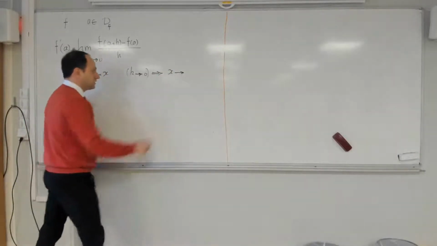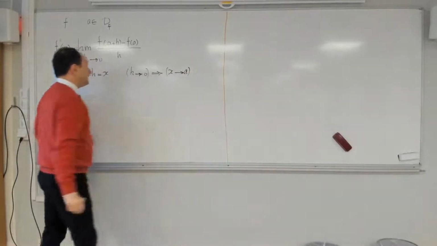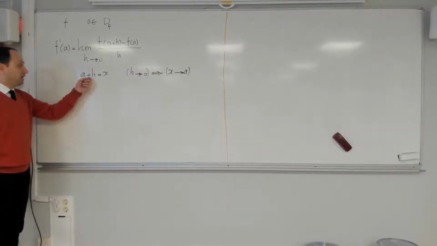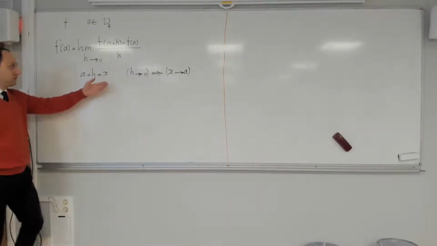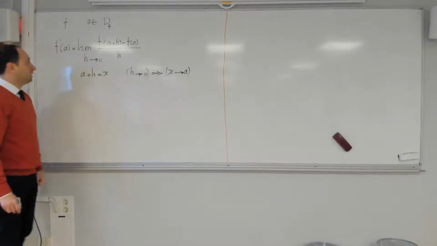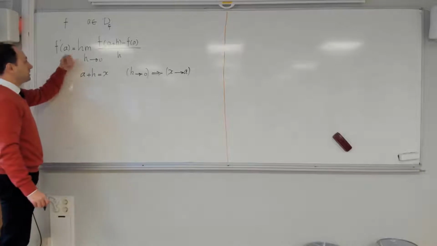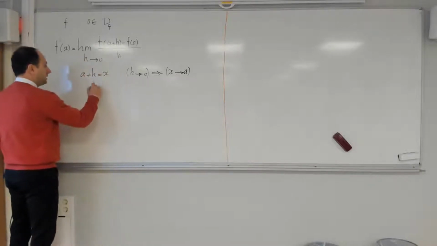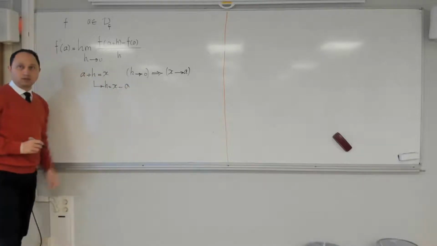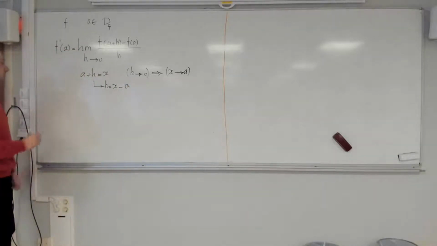X goes to a, yes, exactly. So instead of saying h goes to 0, if I choose to name a plus h as x, I can say that when h goes to 0, my x goes to a. Then what is h now? H is x minus a, if I move a to the left. And then I replace everything back here.